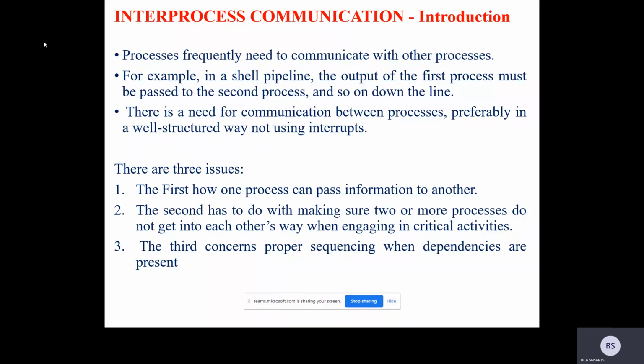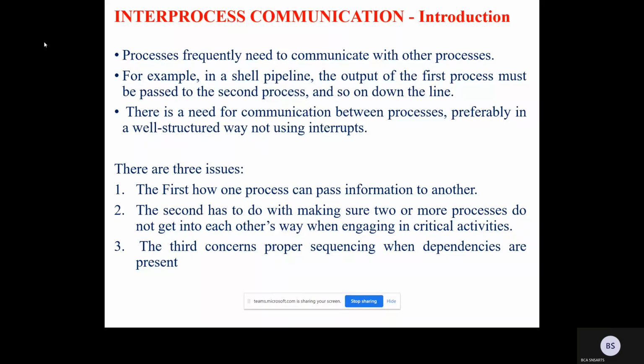We discussed in the first unit what is a process, what are threads. Sometimes a process may communicate with another process. Threads of the process or the process itself can communicate with another process to complete its work. So in operating systems, processes frequently need to communicate with each other.